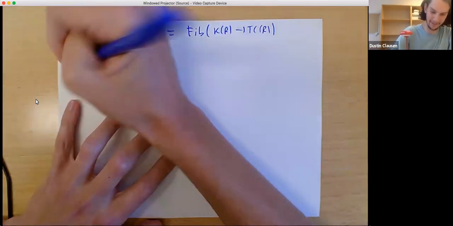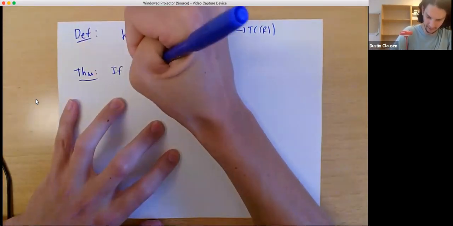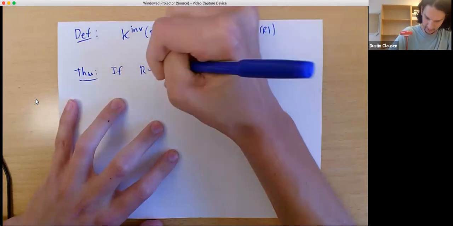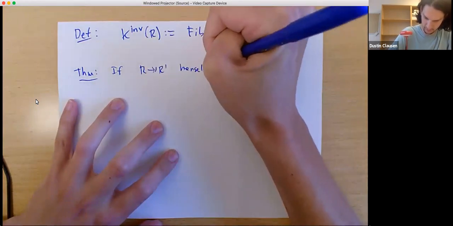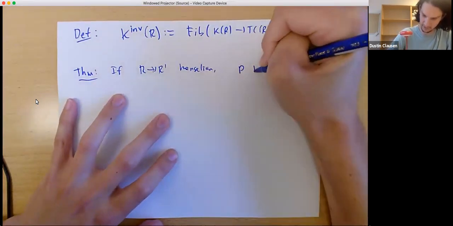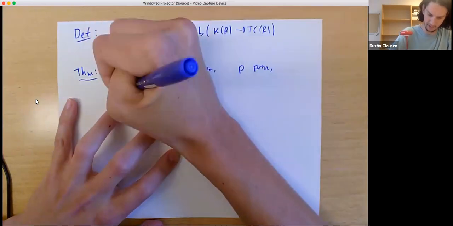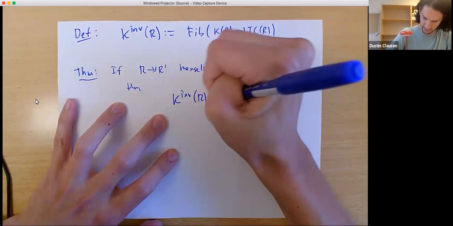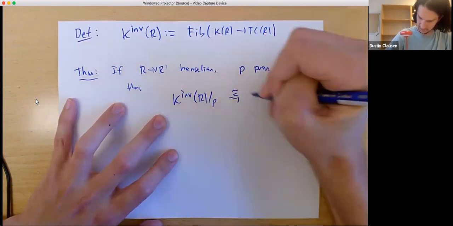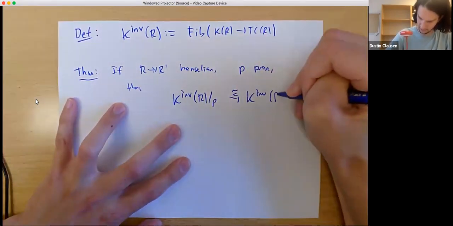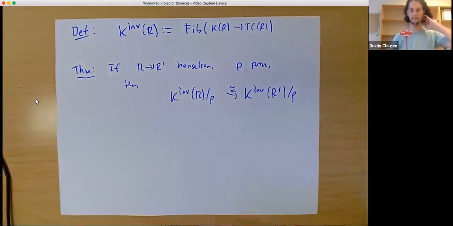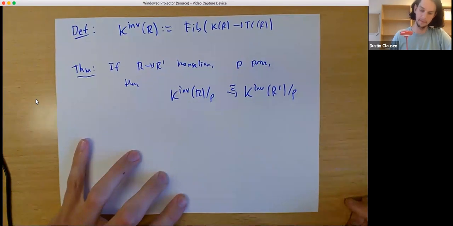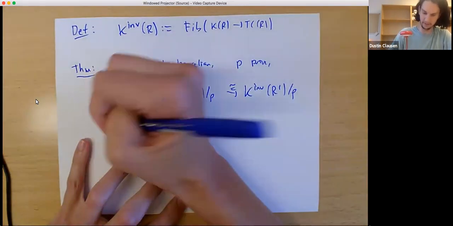Okay, so the theorem is that if R to R prime is Henselian, and P is an arbitrary prime, then K inv of R mod P is the same as K inv of R prime mod P. So there's, I guess, a couple of ways to read this.